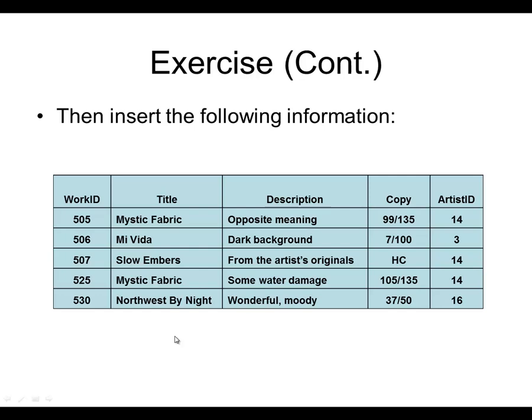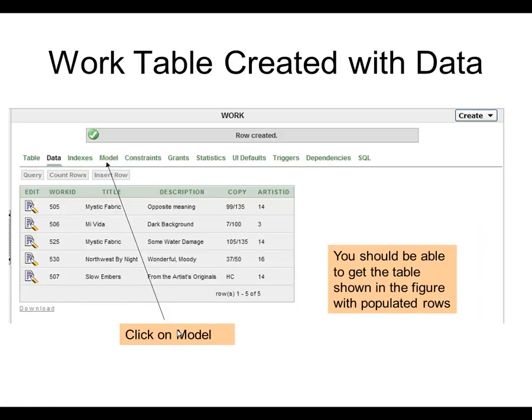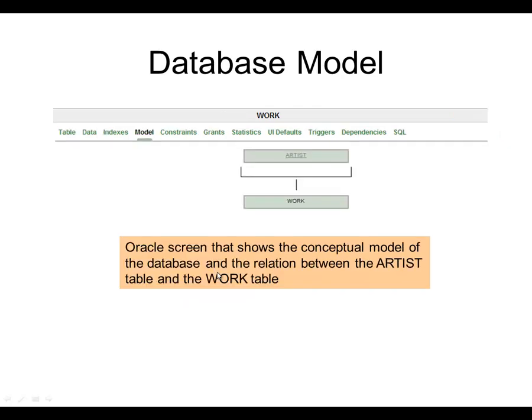Then you need to insert the data that I provided here in this slide. You should be able to see the work table as shown in this slide, and when you click on the model, you will be able to see the connection between the artist and the work. This is the database model that's been provided by Oracle.